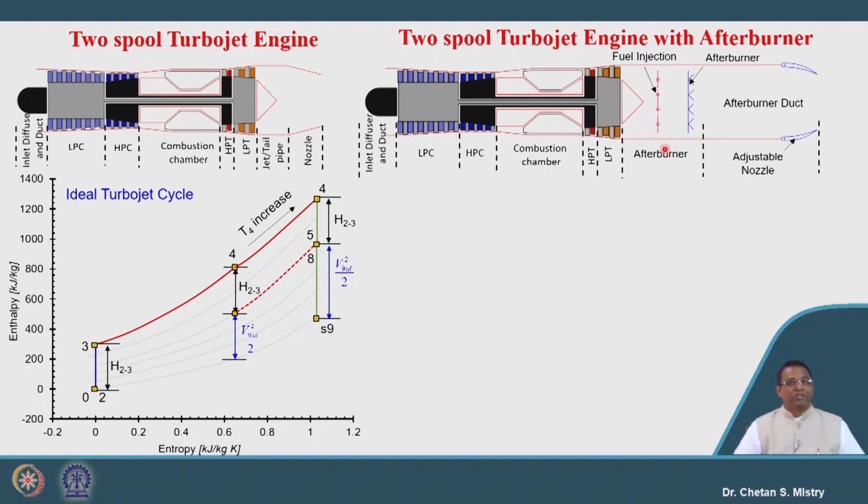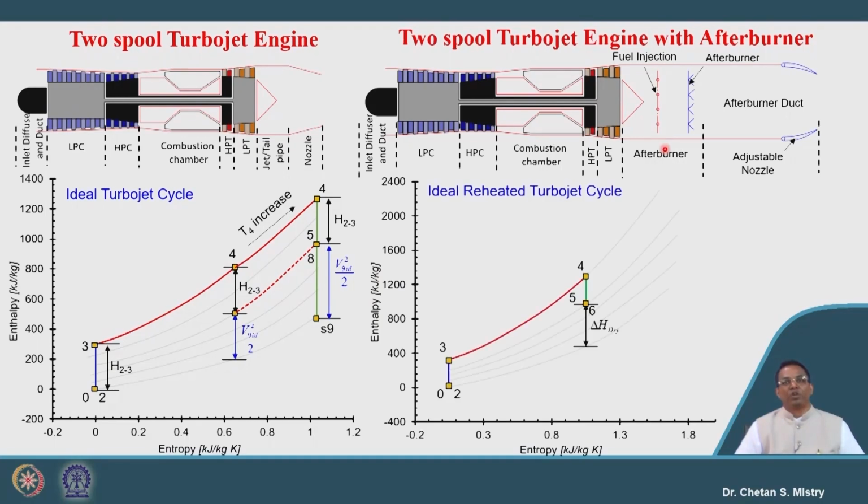Okay. Now, let us look at what is the change on my TS diagram. This is in terms of our actual condition. This is my exit velocity if I consider that I am not having the afterburner in operation. Now, what do we do?